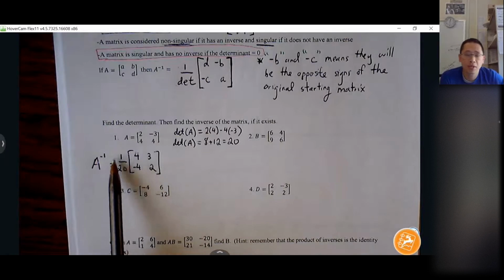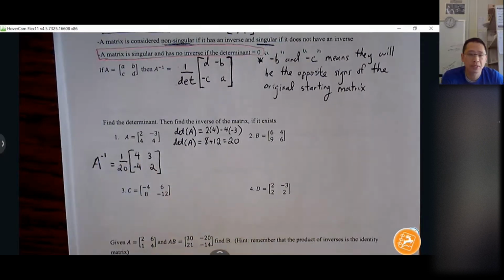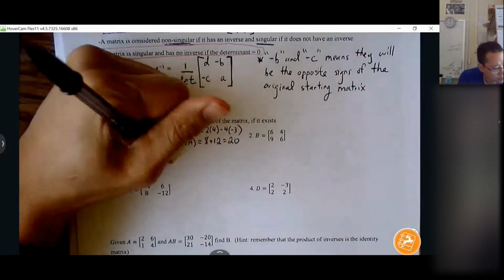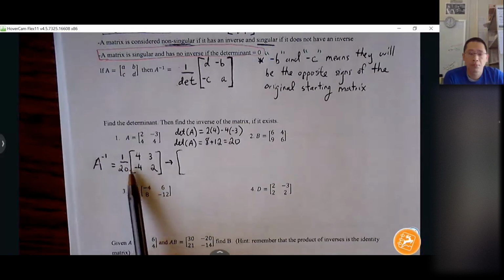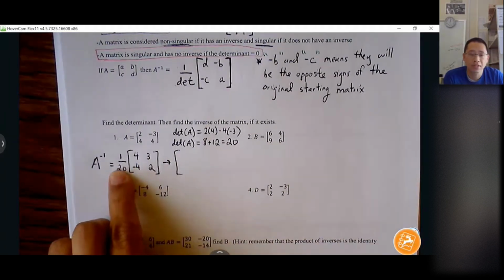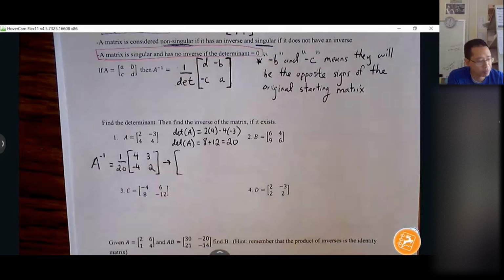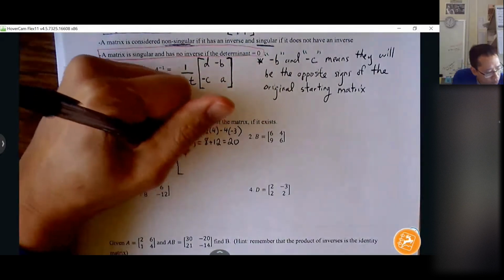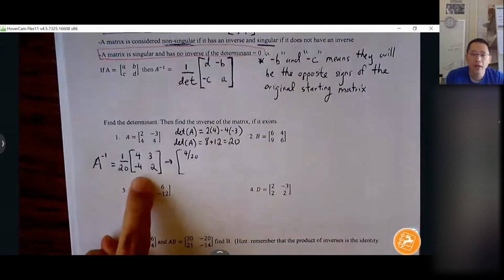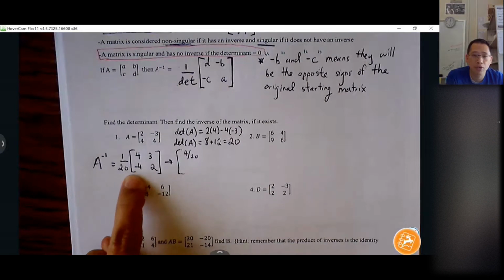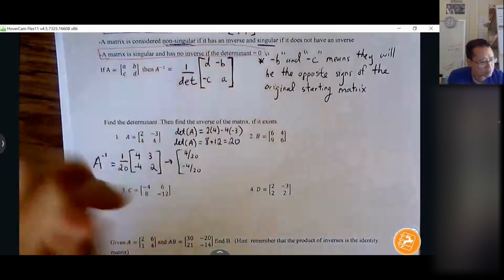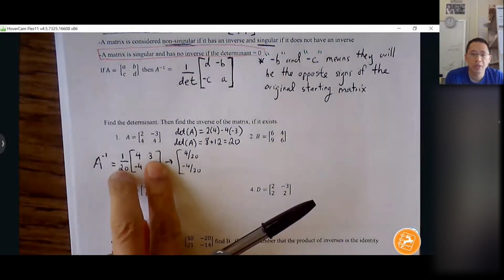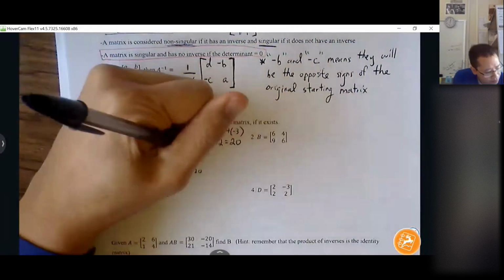We're going to continue cleaning up. We're going to distribute this fraction through the matrix. So multiply each number by this fraction. So 4 times 1/20th becomes 4 over 20. -4 times 1 over 20 becomes -4 over 20. 3 times 1/20th becomes 3 over 20.